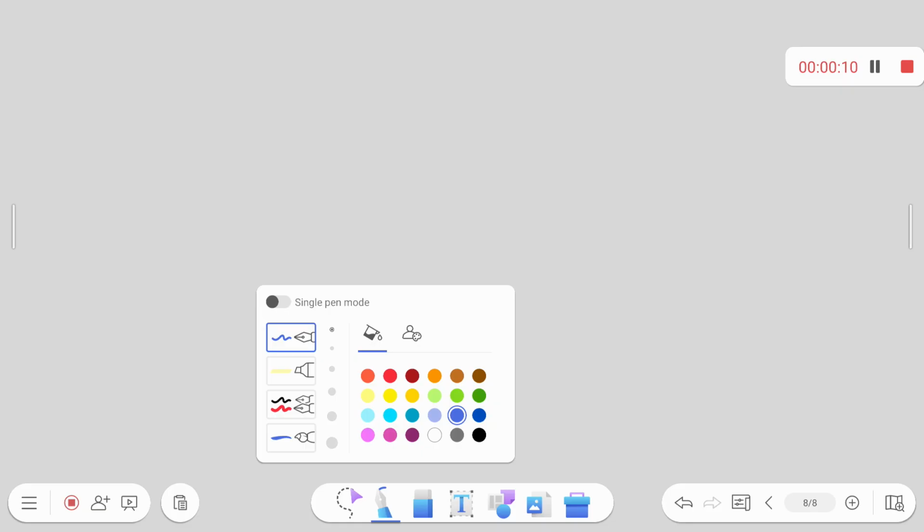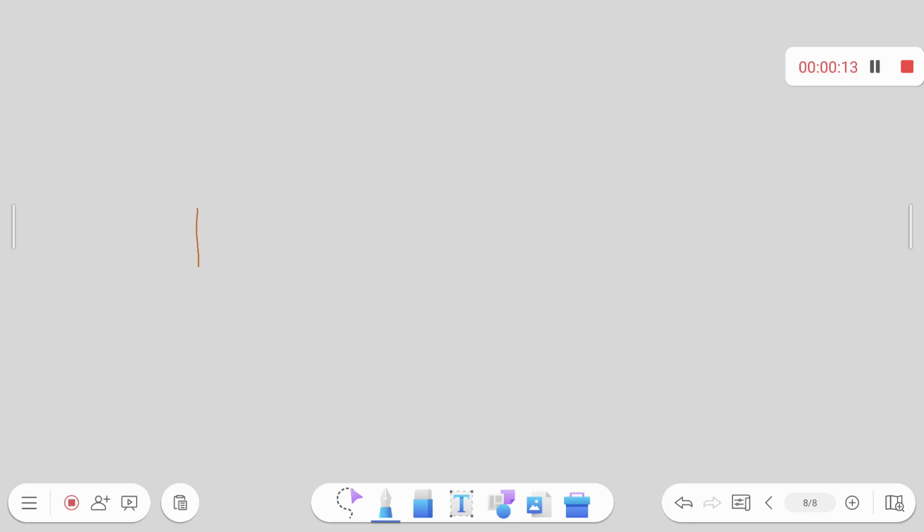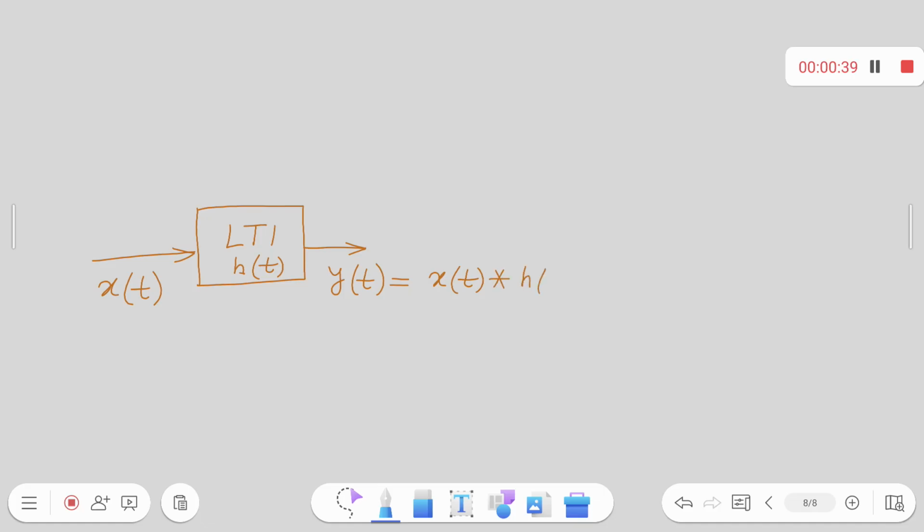You have noticed that if I have an LTI system with impulse response h of t, and if this particular system is excited with a signal x of t, then the output y of t is given as the convolution between x of t, the input which you have applied, and the impulse response, x of t convolved with h of t.